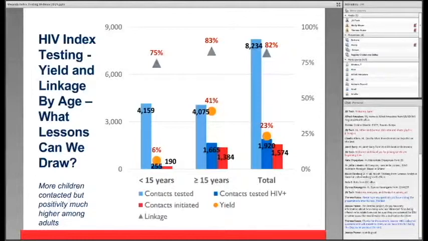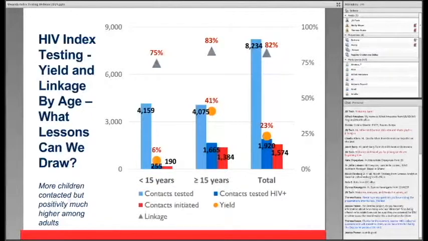For the adults, ladies and gentlemen, we find that for the period that we are sharing results for, we reached out to about 4,075 adults. Out of these, about 1,600 were positive. So indeed, giving us a positivity yield of 41%.